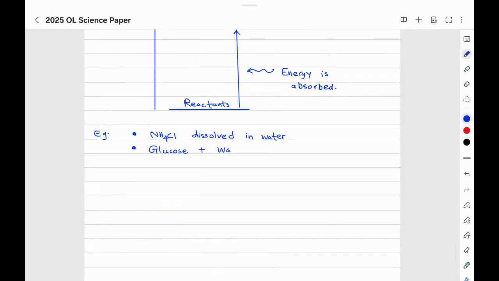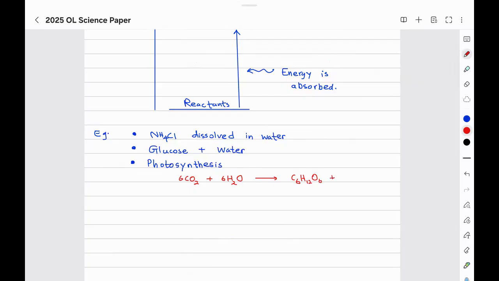Then glucose dissolving in water is also an endothermic reaction. The next one, photosynthesis. We know that the photosynthesis reaction is 6 carbon dioxide reacting with 6H2O, producing glucose, C6H12O6.